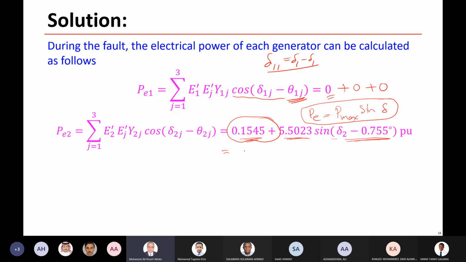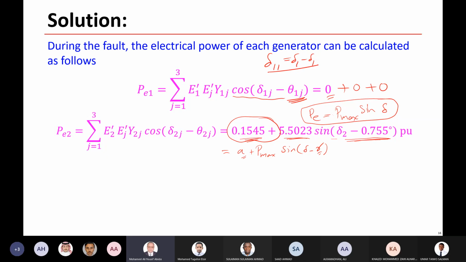So this power equals a real or constant part here, which is, for example, A plus Pmax sine delta minus gamma. Why does this A appear here, and also gamma? What do you think the reason for this?